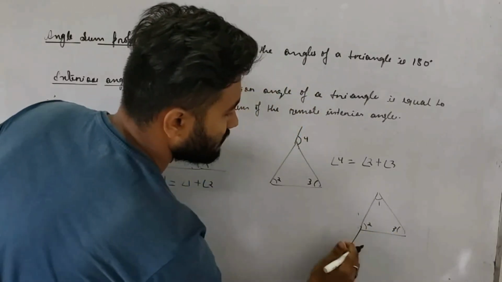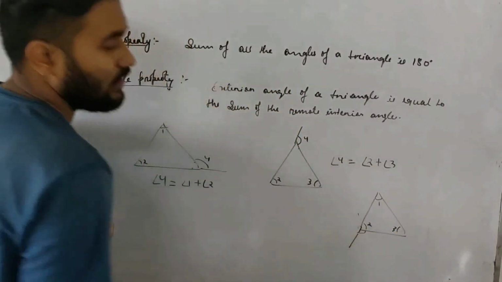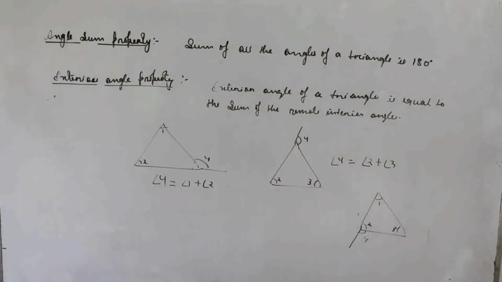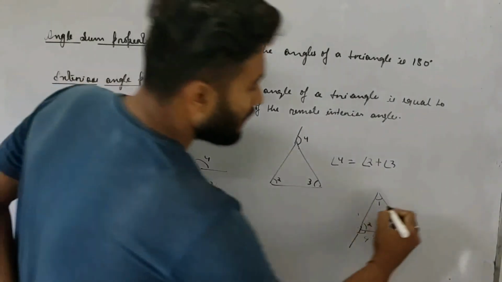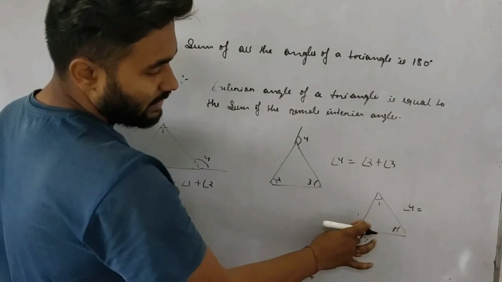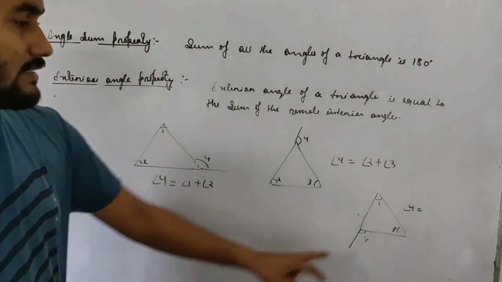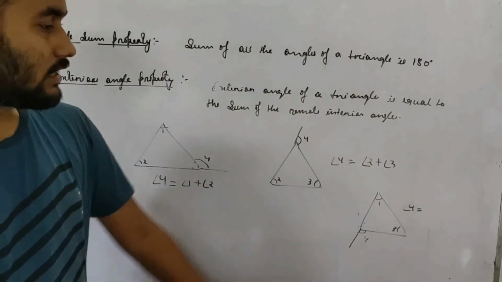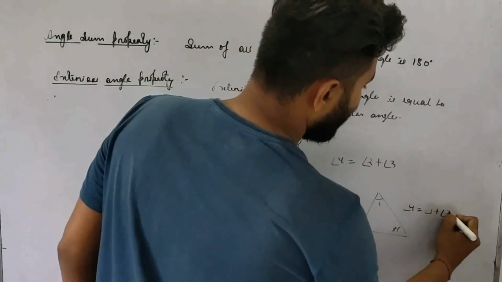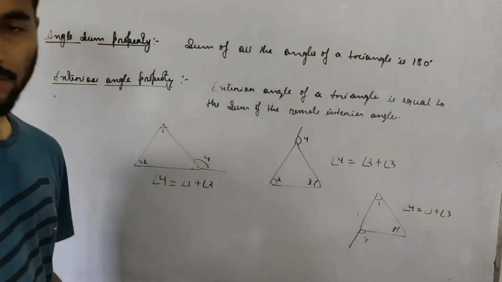If I extend in this way, over here this is 4. So angle 4 will be equal to what? This angle 2 is the adjacent angle. So 4 will be equal to 1 plus 3. So this is the exterior angle property.